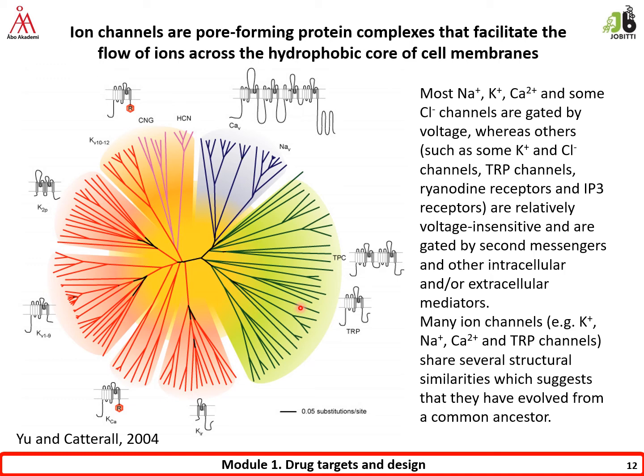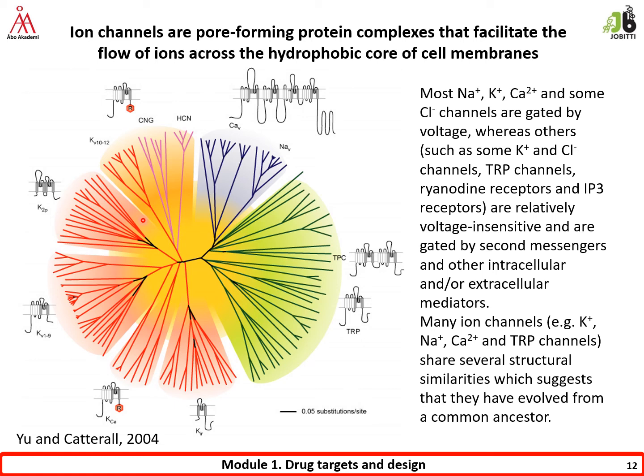Background colors separate the ion channel proteins into related groups. Light blue, calcium and sodium voltage-gated channels. Light green, TRP channels. Light red, potassium channels.